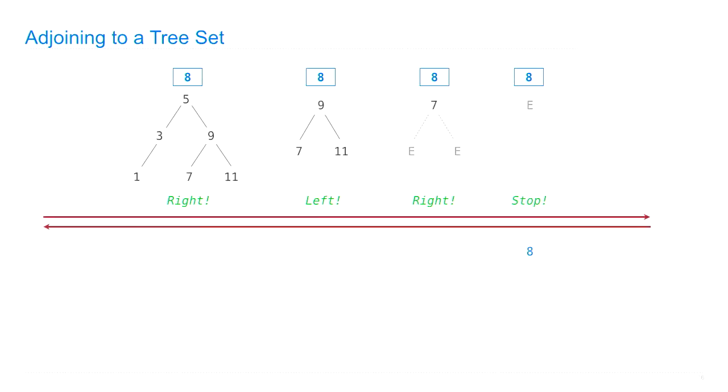I then build up the entire tree set using 8 to begin with, returning that, and returning that as the right branch of the existing tree. So now the existing tree, instead of just being 7, is 7 and 8. And this is the left branch of this existing tree.